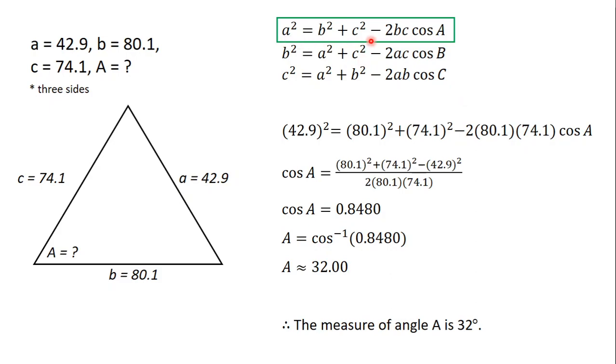Now let's proceed to our solution. This is our working equation, and then we're going to substitute the given measurements. So A is 42.9, B is 80.1, C is 74.1.